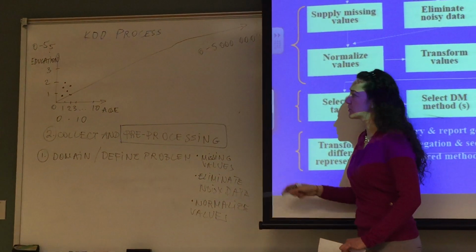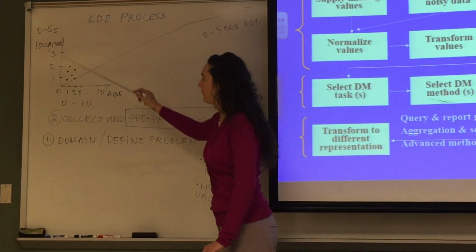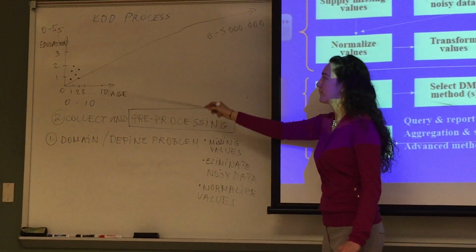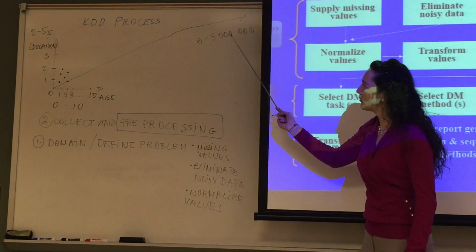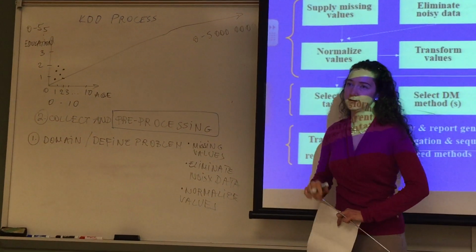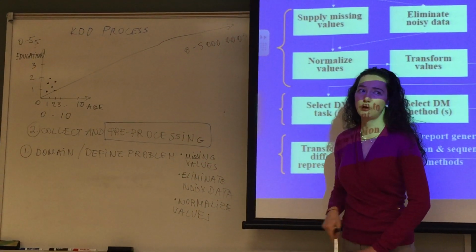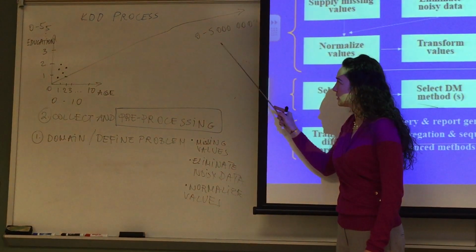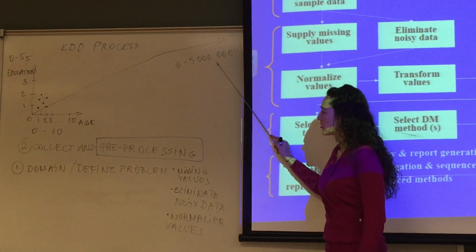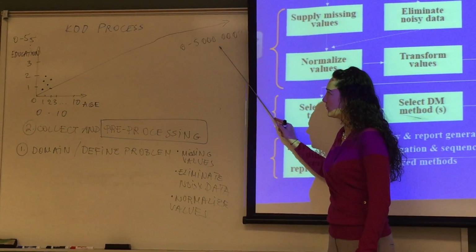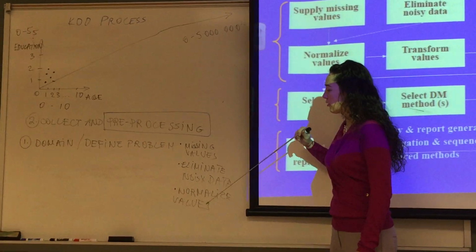Most of the descriptions are from 0 to 10, from 0 to 5, from 0 to 12, from 0 to 20, but one of them is up to 5 million. That's not good. If we're trying to plot these objects in space, this one is going to give us some trouble. So we want to do something to normalize it.